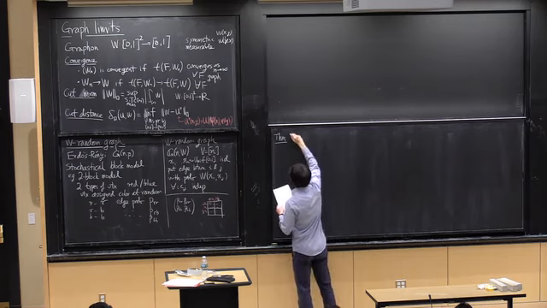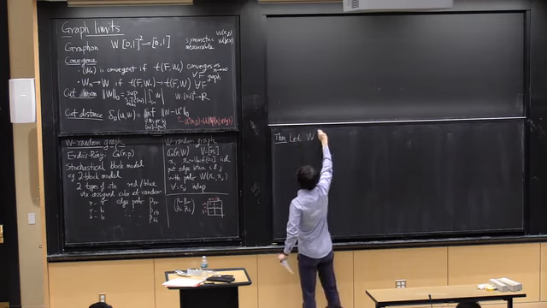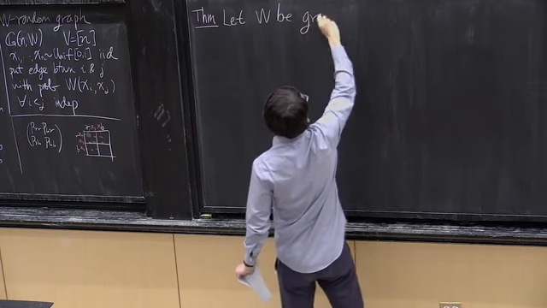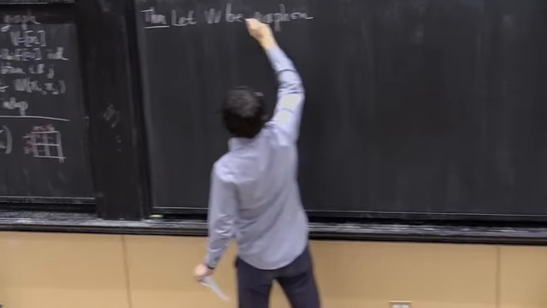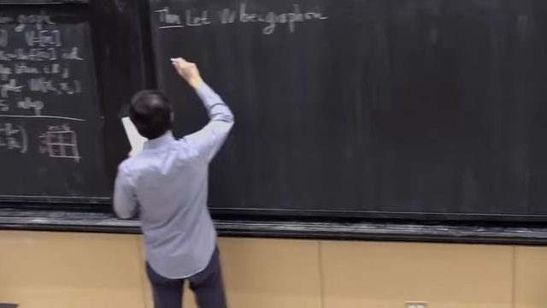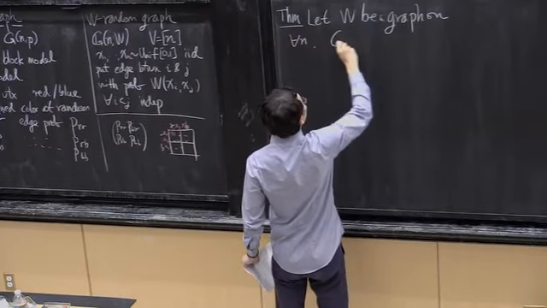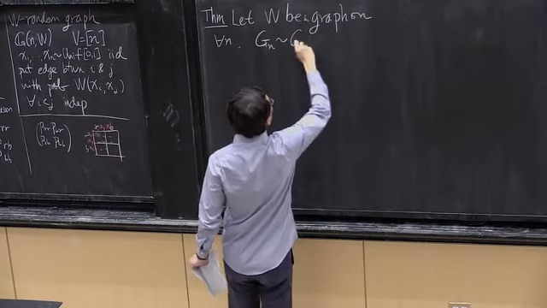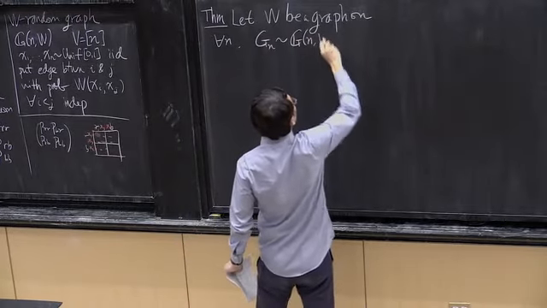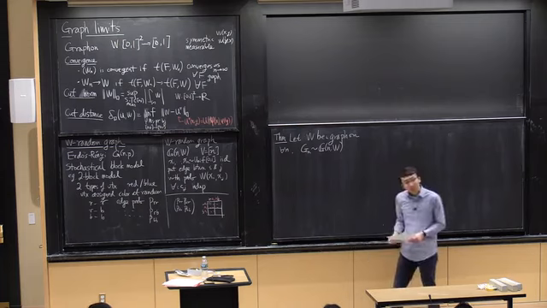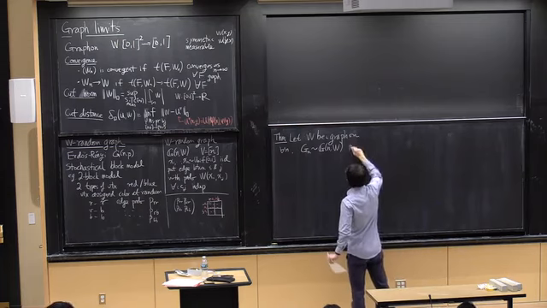So let W be a graphon. And for each n, let me draw this graph G sub n using the W random graph model, okay, independently.